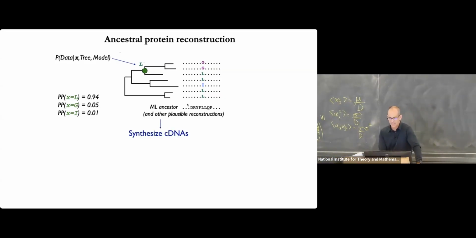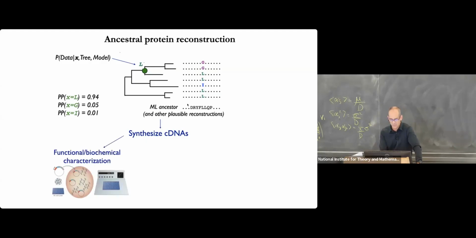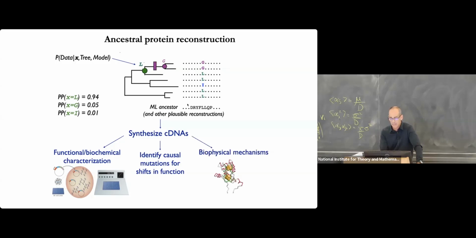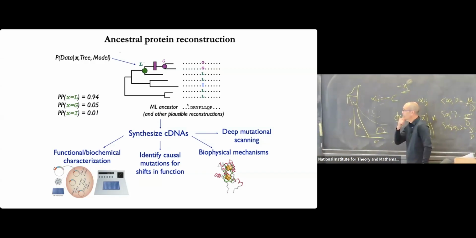But given that we can synthesize cDNAs that code for these reconstructed ancestral sequences, we can characterize them in the laboratory using the same methods we would use to characterize extant proteins. We can identify causal mutations for changes in function that happened during history. We can study the biophysical mechanisms by doing X-ray crystallography, for example, on the ancestral proteins, and we can do deep mutational scanning.